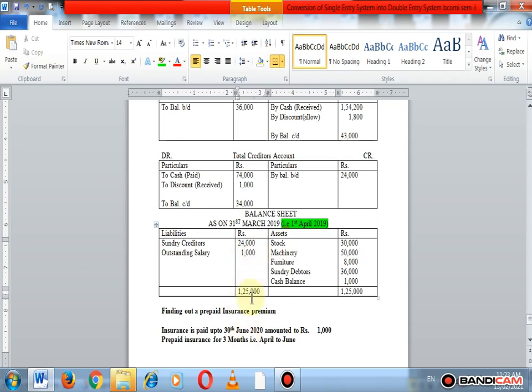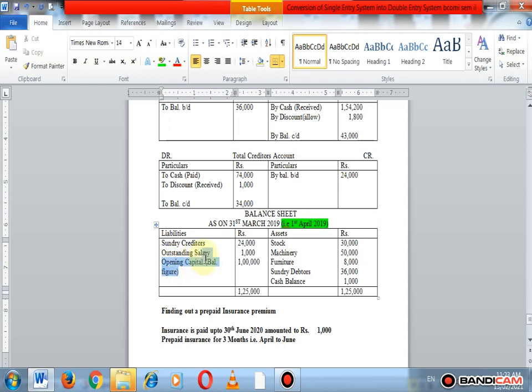So 1,25,000 and total of liability is 25,000. So 25,000 is deducted from 1,25,000. We get rupees 1 lakh as a capital of Mr. Rajesh, into bracket balancing figure.